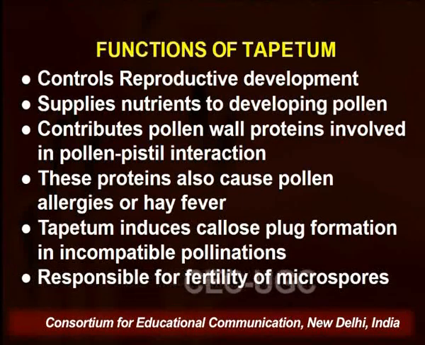Tapetum also contributes to the pollen wall proteins which are involved in pollen-pistil interaction, and sometimes these proteins also cause pollen allergies or hay fever. Tapetum induces callose plug formation in incompatible pollinations.